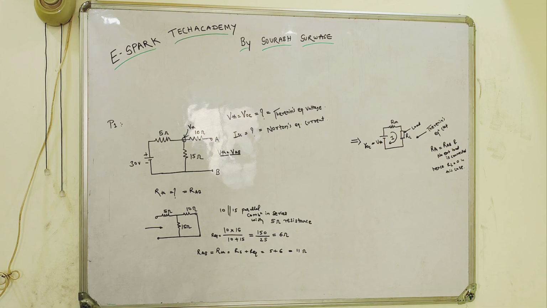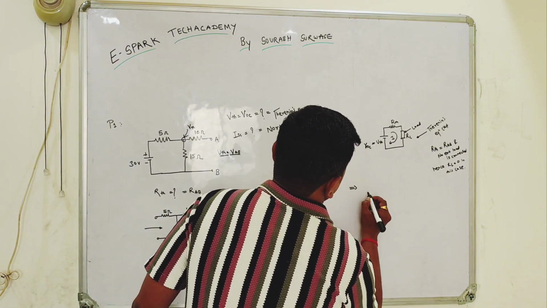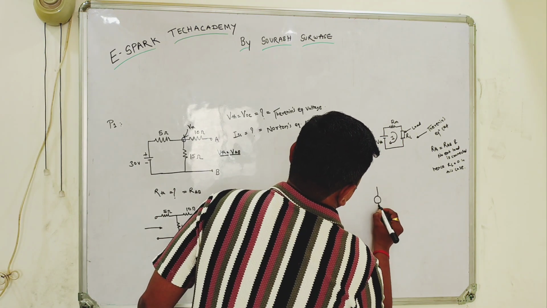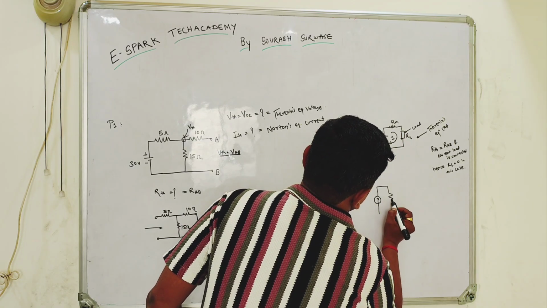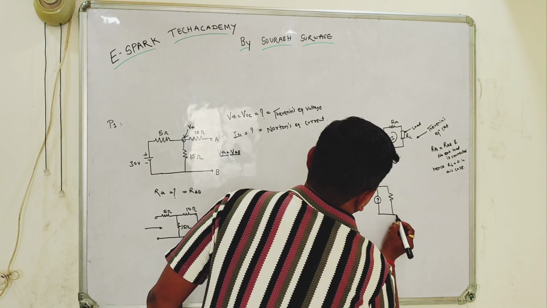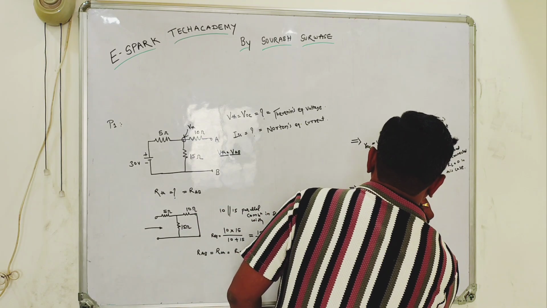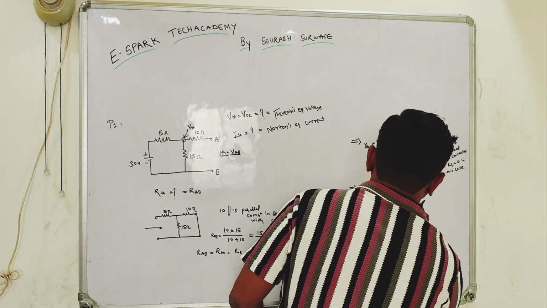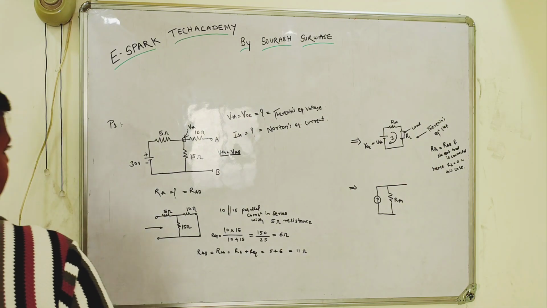Now I will be showing you the Norton's equivalent. Norton's equivalent is nothing but a current source in parallel with RTH, or you can say RN.